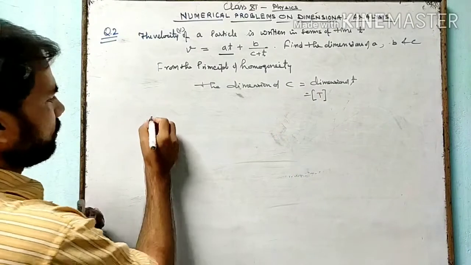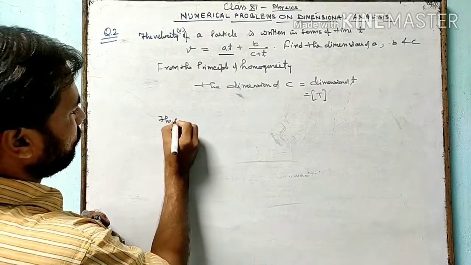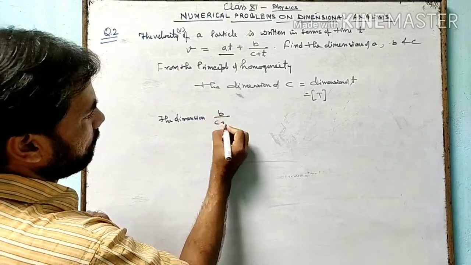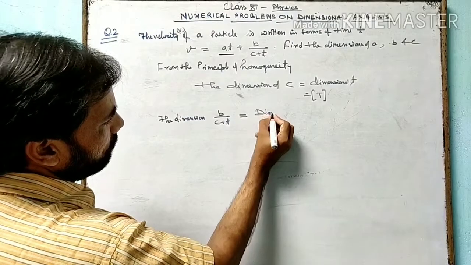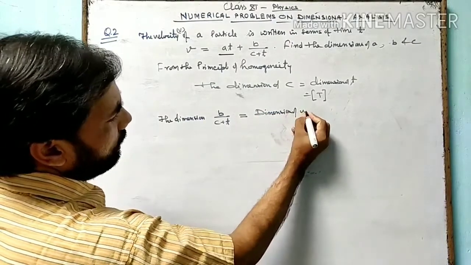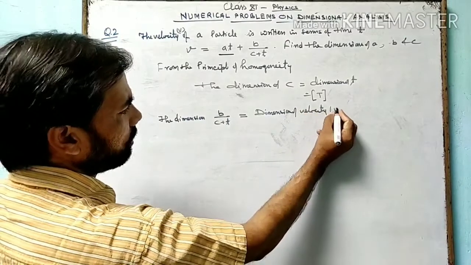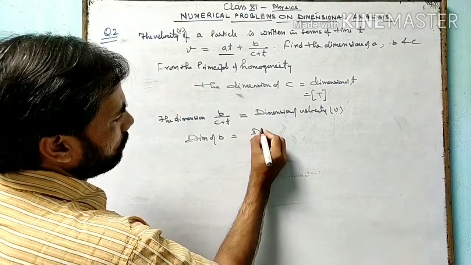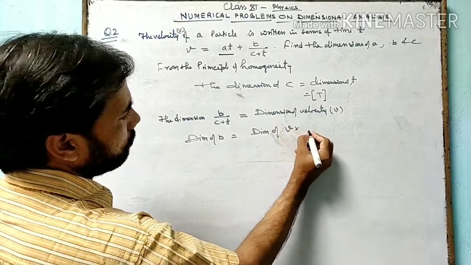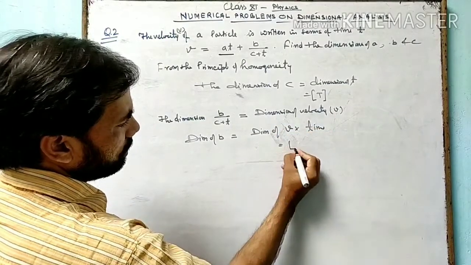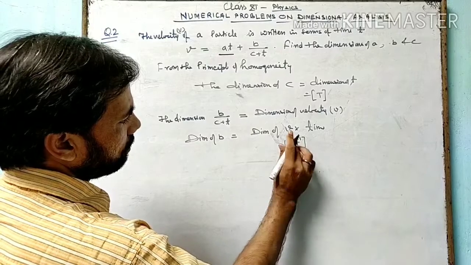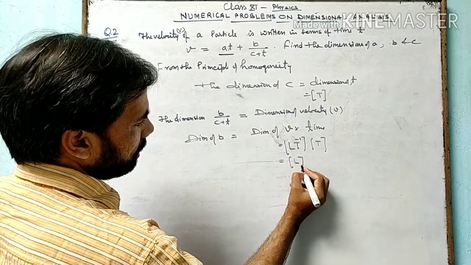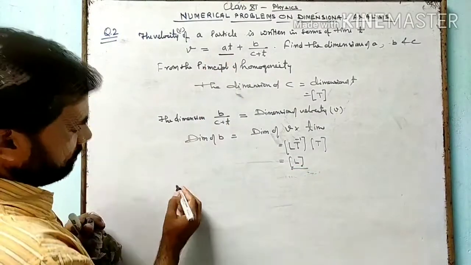Now the dimension of b upon c plus t is equal to the dimension of velocity, so the dimension of b is equal to the dimension of v into time, that is L T minus 1 into T. So the dimension of b is L, nothing else. What is the dimension of a?